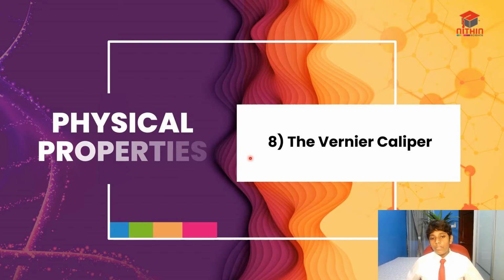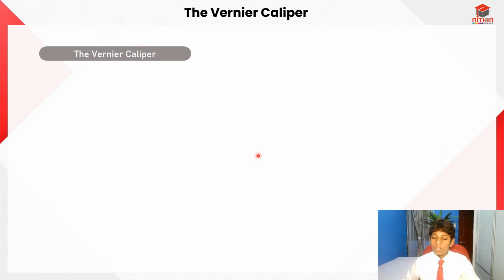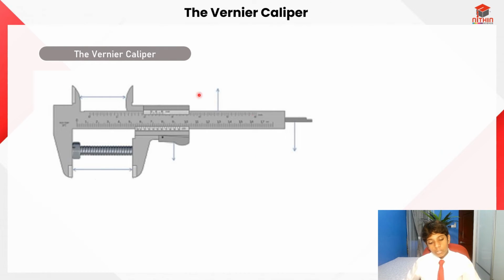For the 8th segment of this video, I'll be going through the vernier caliper. You need to know this. So what is the vernier caliper? This is what it looks like. The vernier caliper has many parts. These two over here are the external jaws.